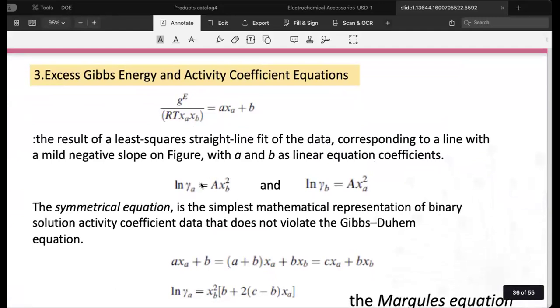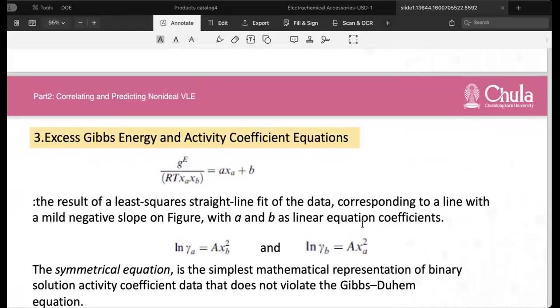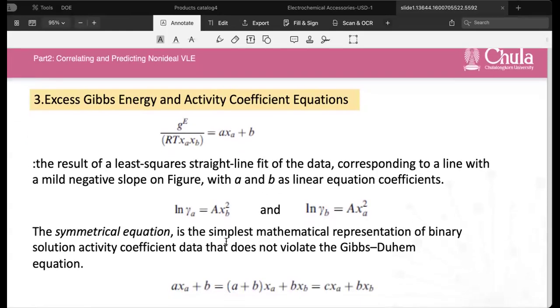You get this model. Log gamma A equals A XB squared, and log gamma B equals A XA squared, where A is the parameter you obtain, the average of each point. We call it the symmetrical equation, or symmetrical model.